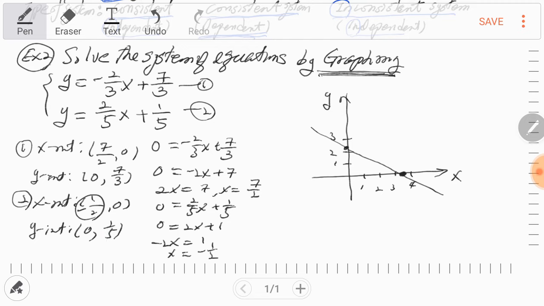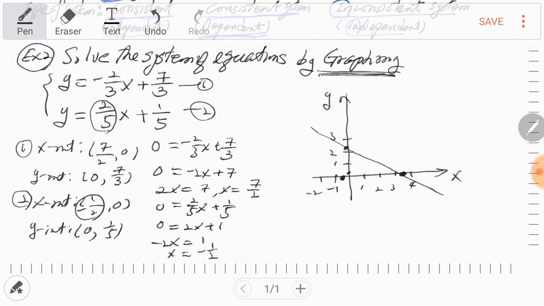Let's plot this point. The x-intercept is negative 0.5, and the y-intercept is 1/5, which is somewhere over there. Okay, this is actually not a good example, so we can try it this way. We can use the slope.